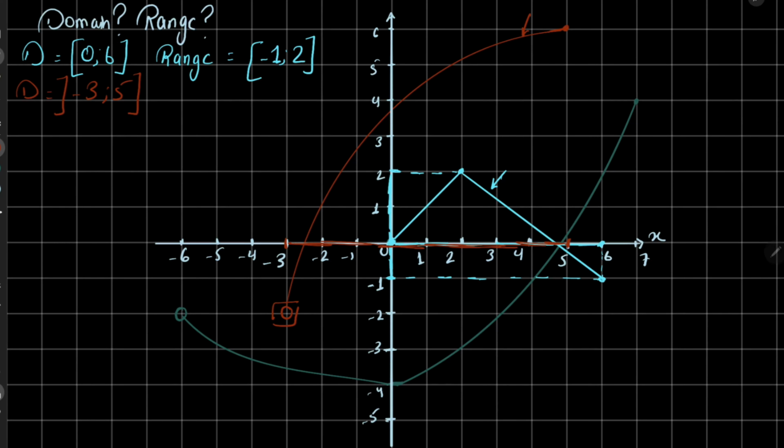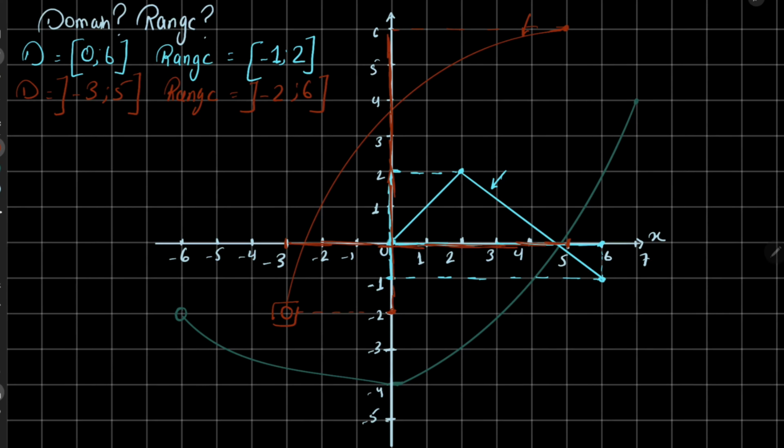Now, the range of the red graph is the interval from its lowest point, that is -2, to the highest point, that is +6. So the interval that is actually the projection of the red graph on the y-axis is the range of the red graph, that is from -2 to +6, where 6 is contained, but -2 is not contained in the range.